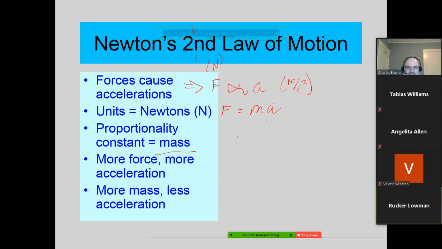Now, what does that mean? If you have a system, and we're dealing with systems here, a given mass, a given acceleration, and a given force. Increase the force, but leave the mass the same. Guess what? You're making it accelerate. Forces cause acceleration. A change of force creates a change of acceleration. So the more force, the more acceleration.